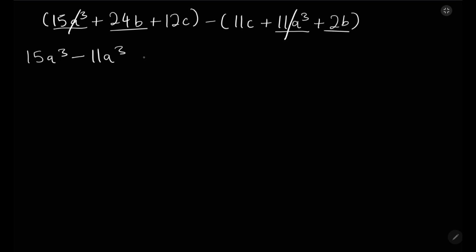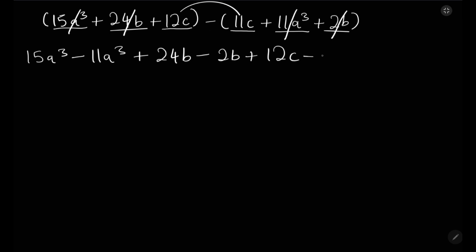So this will be plus 24b minus 2b. So we're done with this and that. We're left with 12c. Do you have another c? You have 11c. So this is plus 12c minus 11c.